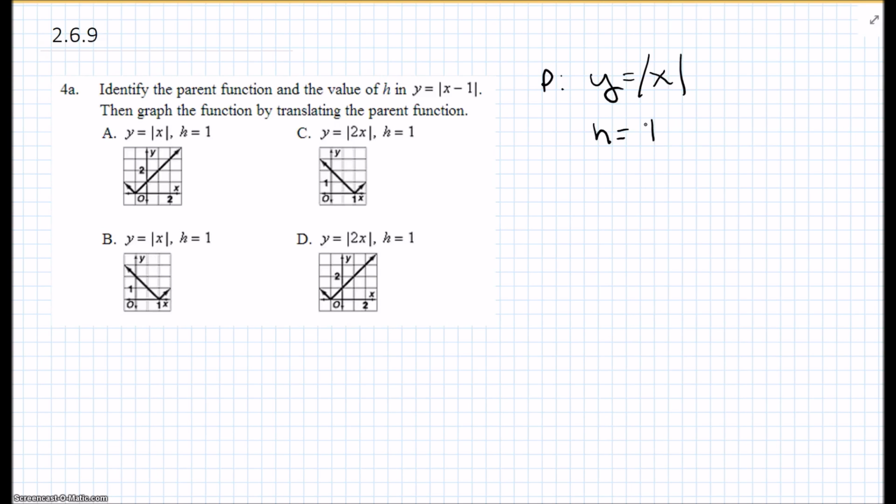It's minus 1, so it's going to translate 1 unit to the right. So the answer would have to be B. So that's all we have to do there.